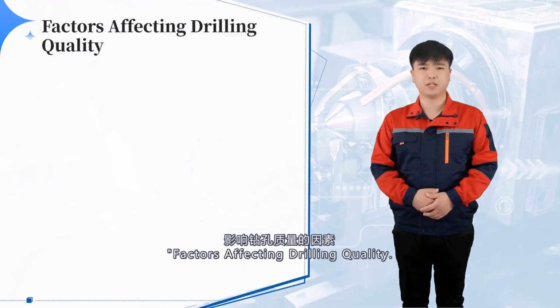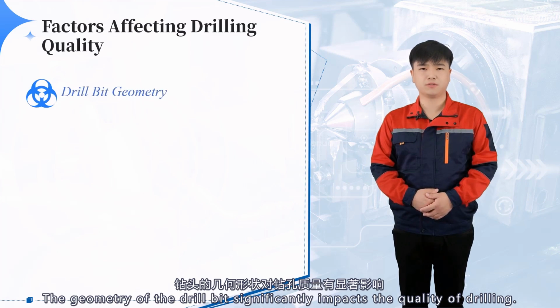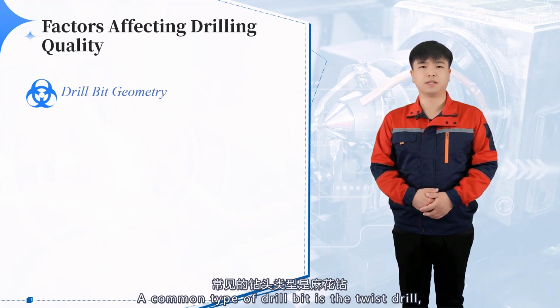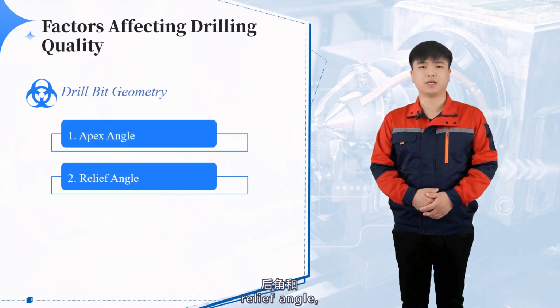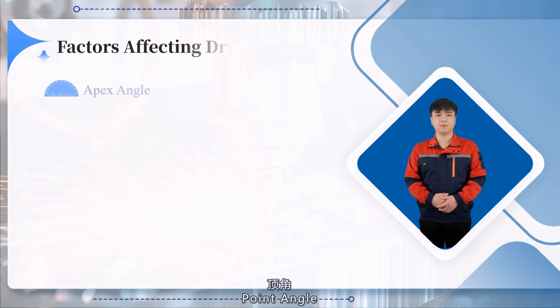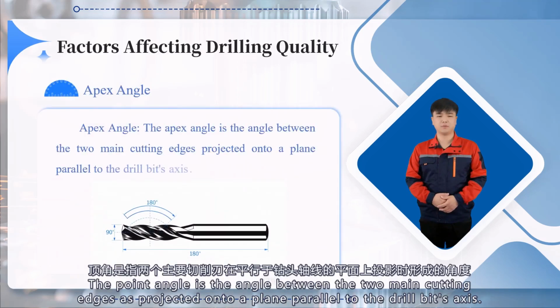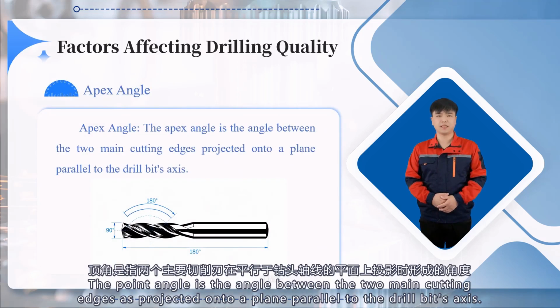Factors affecting drilling quality. The geometry of the drill bit significantly impacts the quality of drilling. A common type of drill bit is the twist drill, whose main geometric parameters include the point angle, relief angle, and chisel edge angle. Point angle. The point angle is the angle between the two main cutting edges as projected onto a plane parallel to the drill bit's axis.